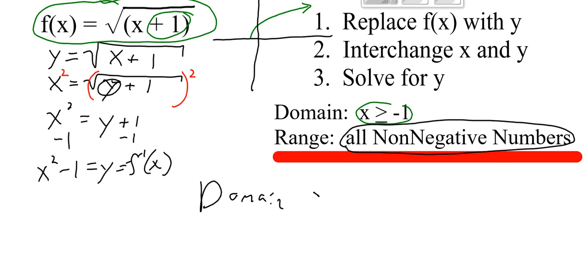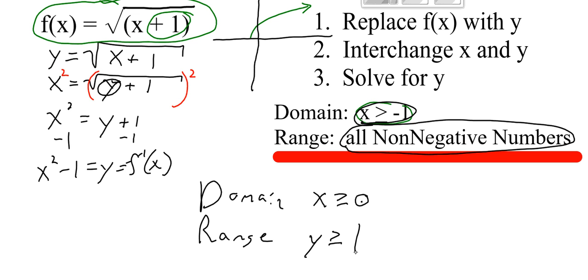So really, x is greater than or equal to 0. And our range is coming from our domain. So now we have to say y is greater than or equal to 1.